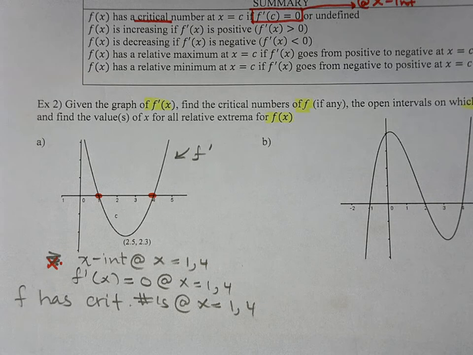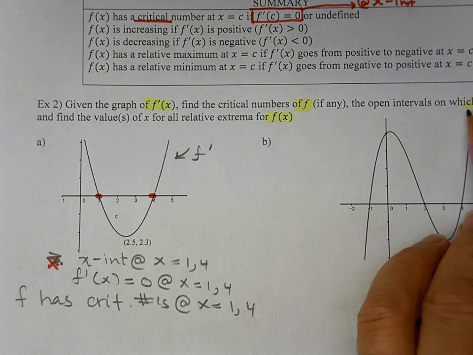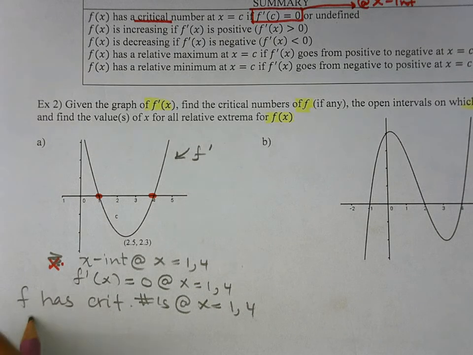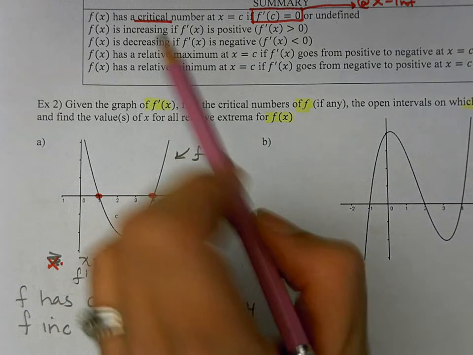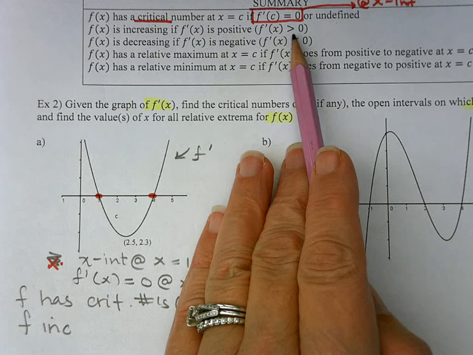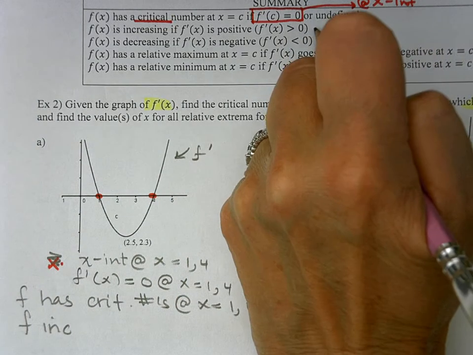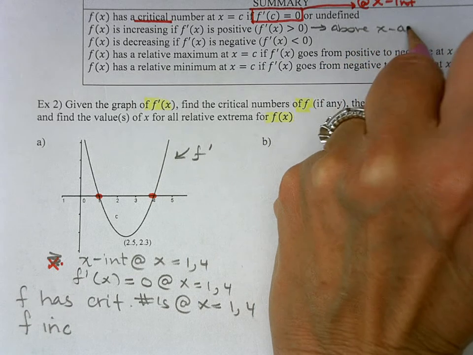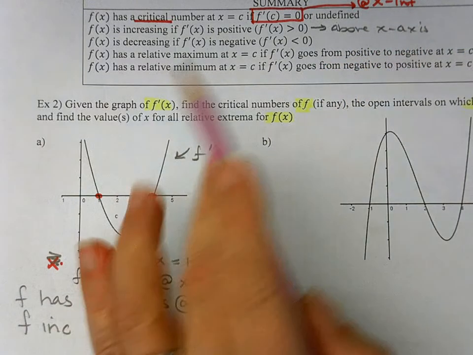All right, the second thing we have to do is come up with the open intervals where your function is increasing or decreasing. I'm going to go to that definition. f is increasing when f prime is positive, meaning f prime greater than 0, which means above the x-axis. So I don't want to fixate on where f is increasing.